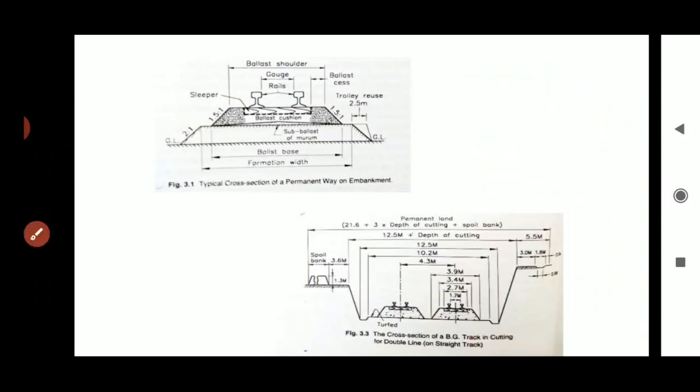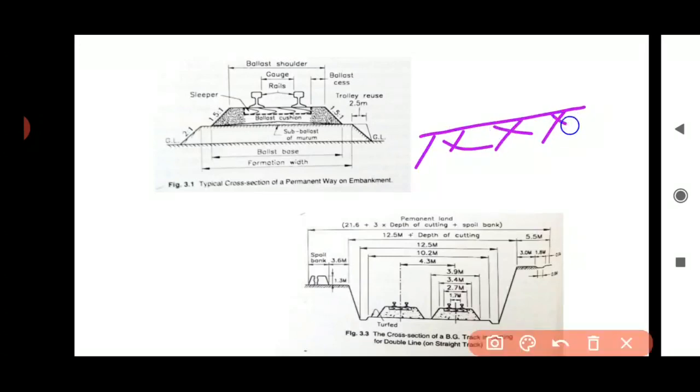And if the formation lies at a level below the natural ground, then it will be called the cutting. So let this be the natural ground.